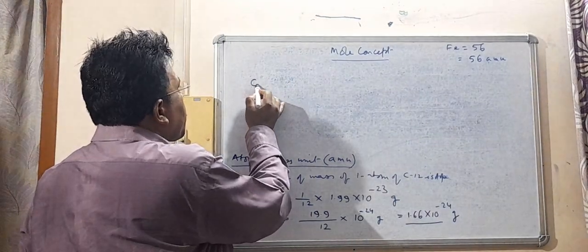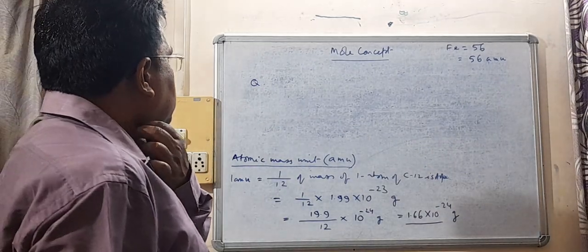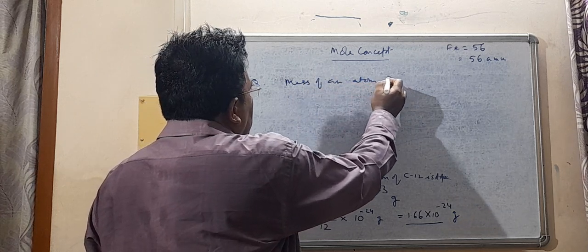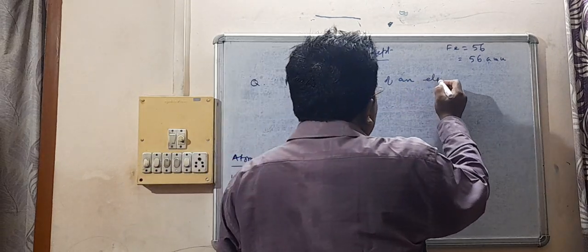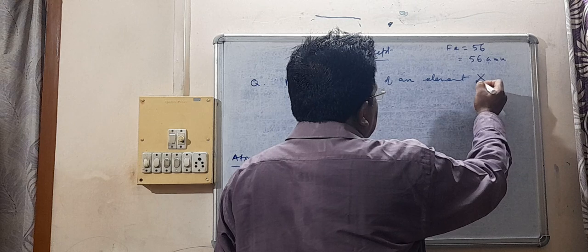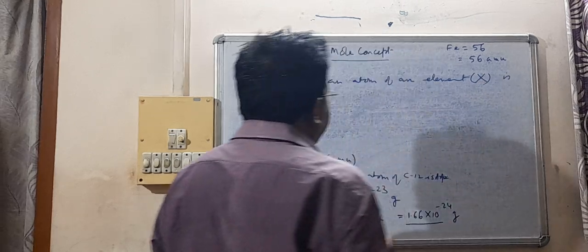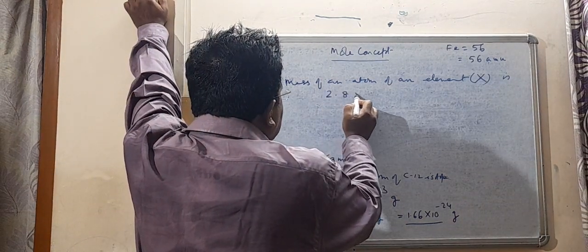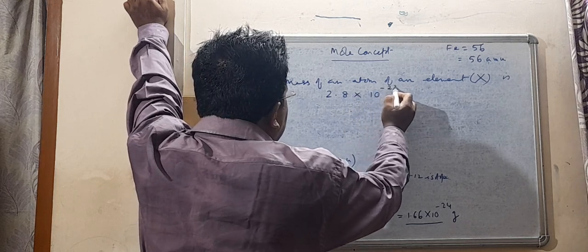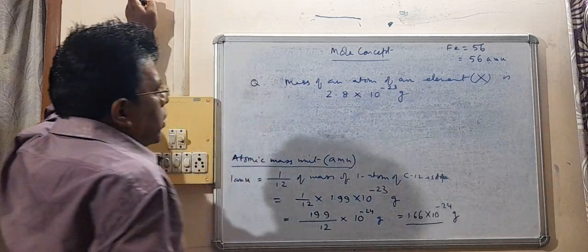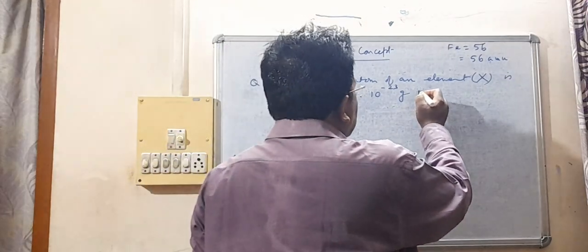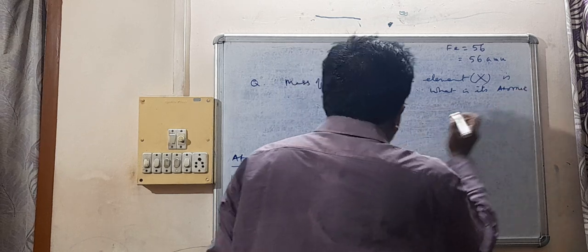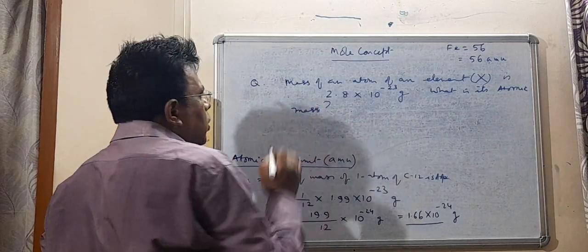So suppose the question is: mass of an atom of an element X is, say, 2.8 into 10 to the power minus 23 gram. It is given. What is its atomic mass?